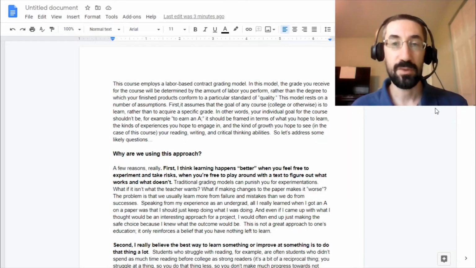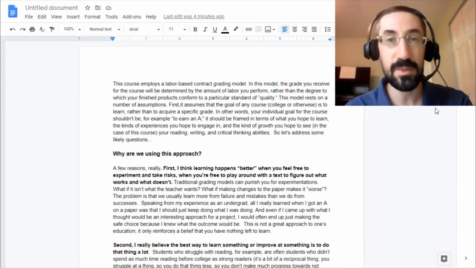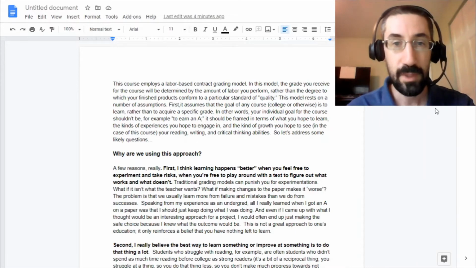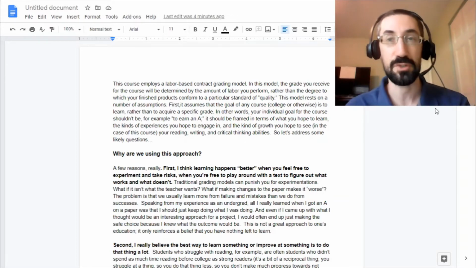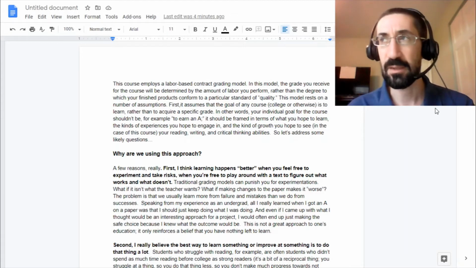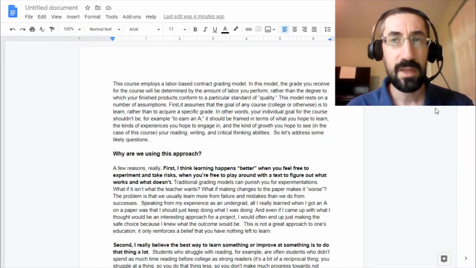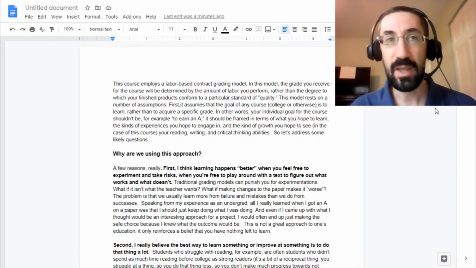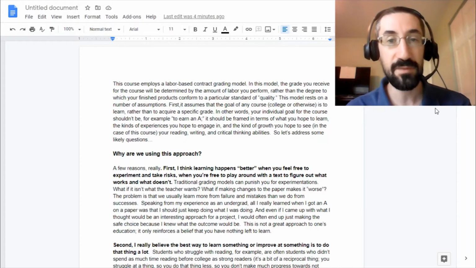And why are we doing it this way? Well, I'm going to walk us through the description in the syllabus, but I'll elaborate as we go along. If we assume that the goal of the course is to learn, the goal of any college course is to learn and push our thinking and our reading and writing and learning and all those other kinds of skills, then worrying about the grade is a problem if worrying about that grade gets in the way of those kinds of things.